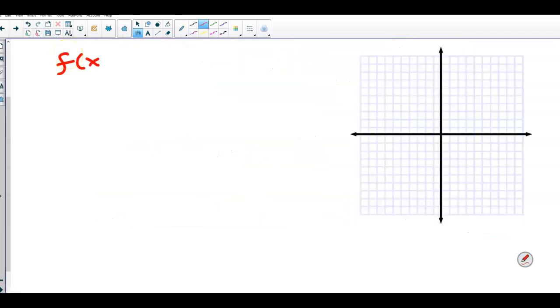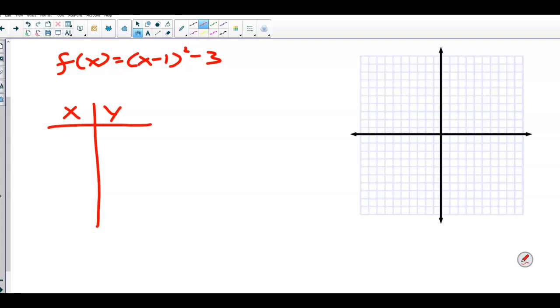So now they want you to graph x minus 1 squared minus 3, and then the inverse on the same coordinate plane. Now, what I would argue for you here is this. My vertex of this graph is 1, negative 3. That's your vertex. And I'm going to go 0, negative 1 for x, and then 2, 3 here.